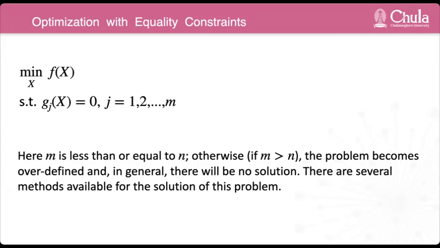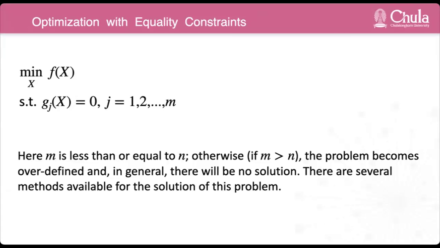However, remember that the number of variables must be larger than the number of equality constraints. Why?